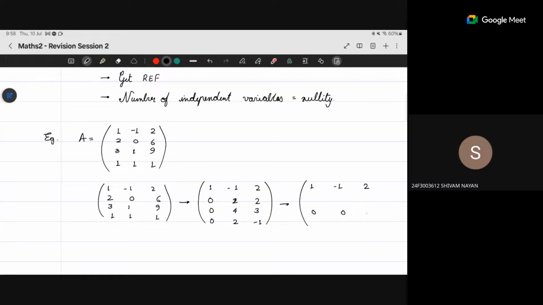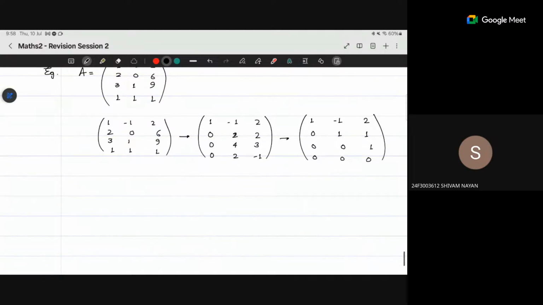Oh, for nullity, I should have taken a 3 cross 4 matrix. All right.